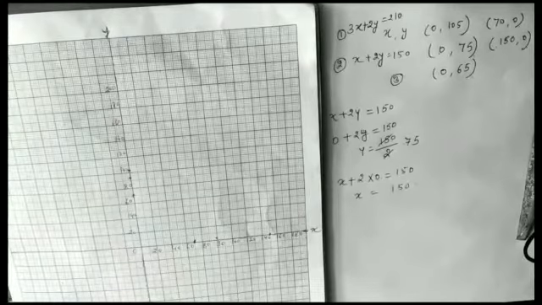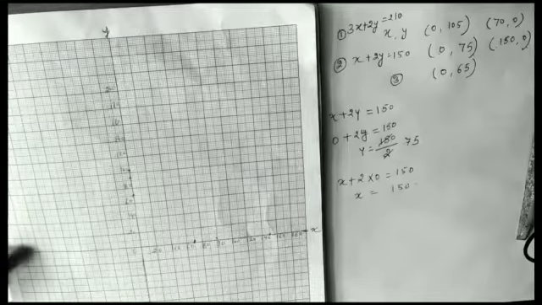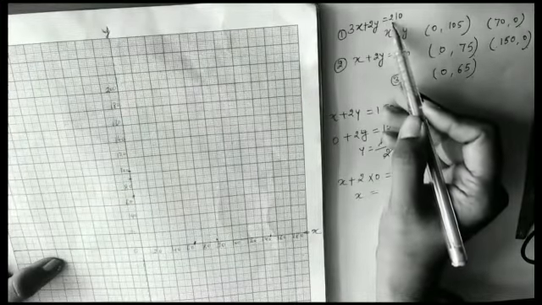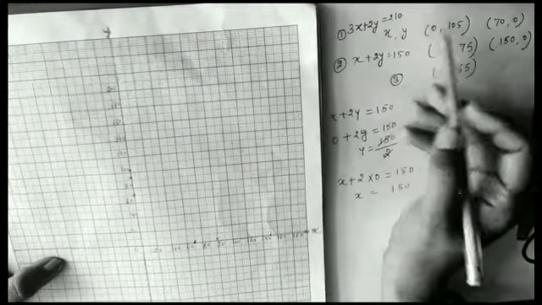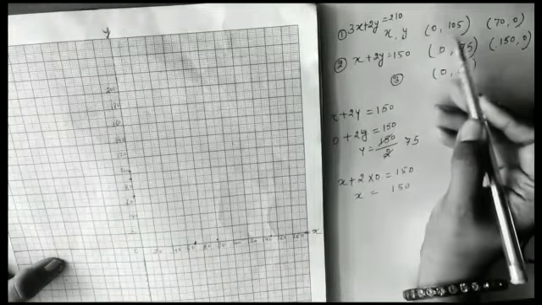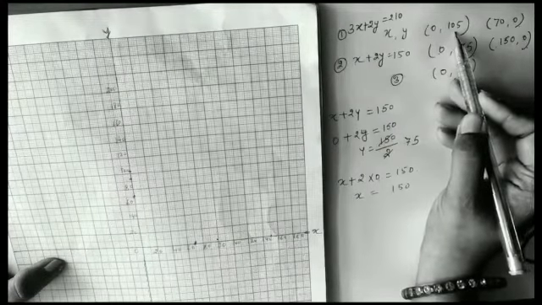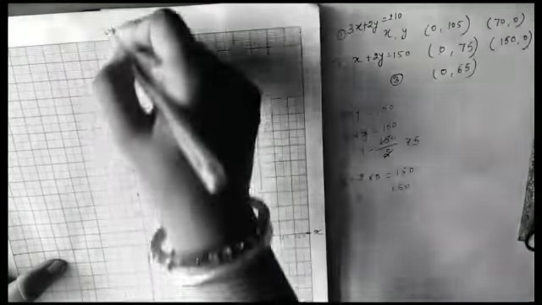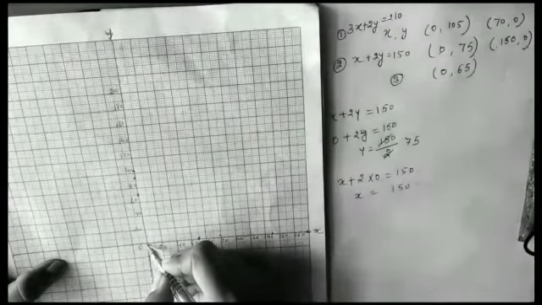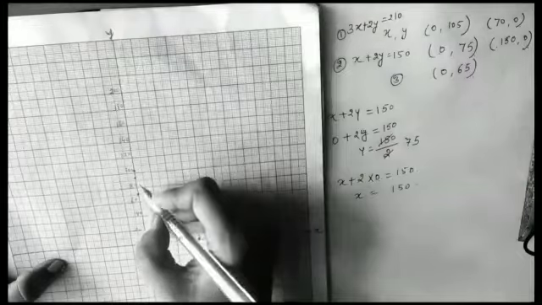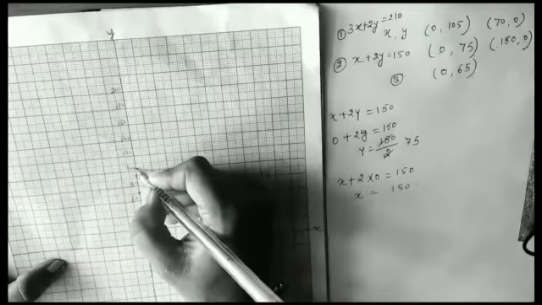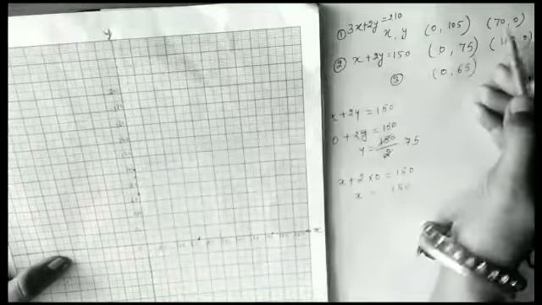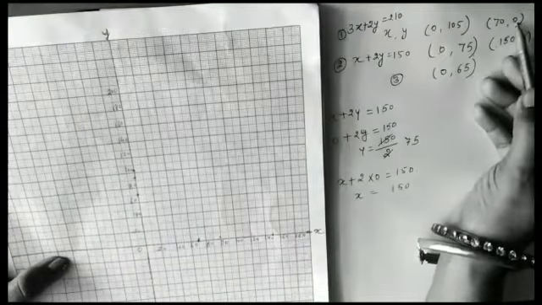Let's draw these constraints on graph paper. This is our first line, 3x plus 2y equals 210. The first point is x is 0 and y is 105. So here x is 0, this is the x axis and this is the y axis. Here x is 0 and y is, this is 100 and this is 105. The second point is x is 70 and y is 0.